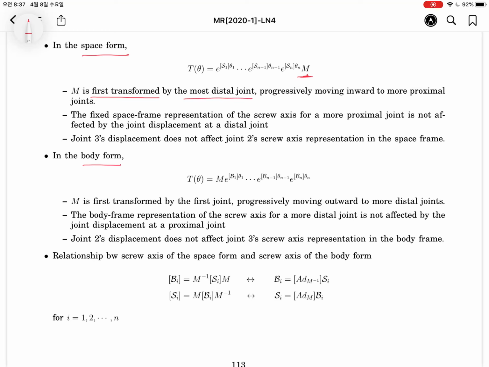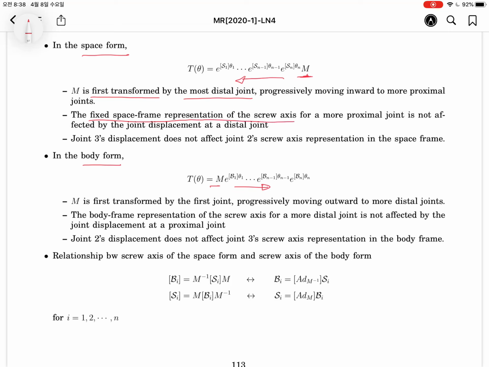M is first transformed by the rightmost distal joint, and then progressively moving inward to more proximal joints. On the other hand, in the body form, M is first transformed by the proximal joint, and then going outward to more distal joints. Okay.